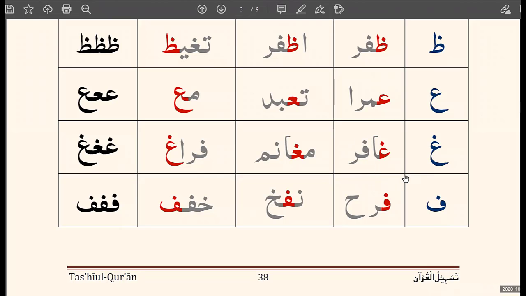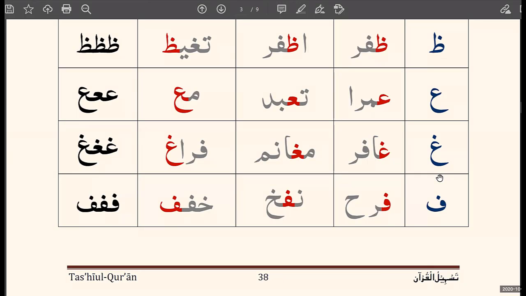If you read out again, please, the same line. The Ghain line. Ghain. Alif. Faf. Ra. Mim. Ghain. Alif. Nun. Mim.